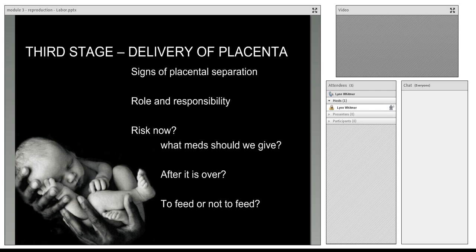What medications do we give? We've just talked about the fact that Pitocin, which causes uterine contractions, will be given after the baby too. Now, we didn't mention it for labor, which I should have. If I need to augment the labor or make the labor stronger, I would be giving her Pitocin. We need to titrate Pitocin as long as the baby's in utero, because the contractions get stronger, closer, and the risk of hypoxia.